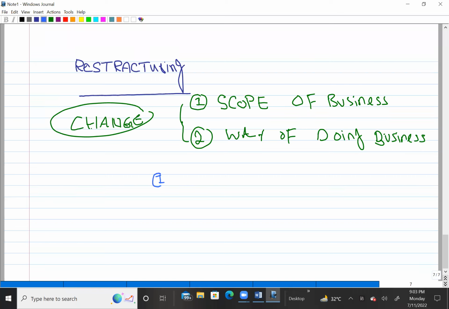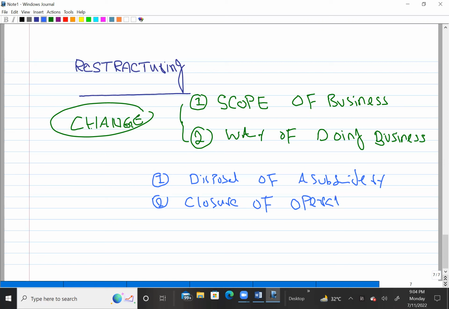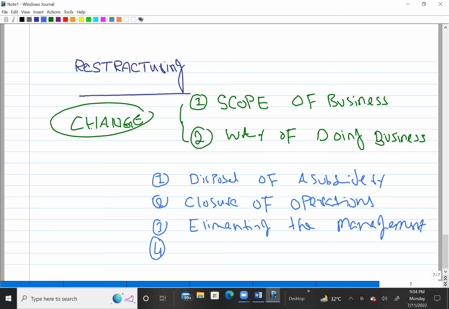Examples are disposal of a subsidiary company, closure of operations, eliminating the management, or introducing technology in business.